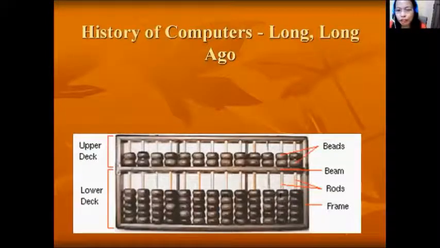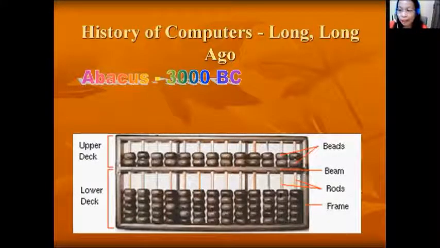So, history of computers long ago. We all started with the abacus, the legendary abacus. Okay? Actually, this is an example of a Chinese abacus because there are a lot of types of abacus. Now, in the abacus, there are 2 beads at the upper part and there are 5 beads downward.